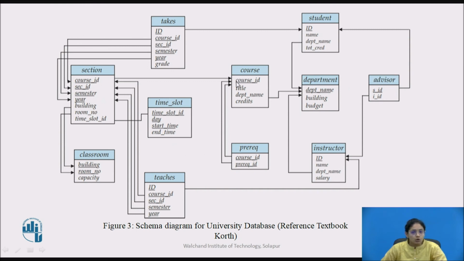You can see course ID is the primary key in the course table. It is also referred to in the section table, with an arrow pointing to the referred table. So foreign keys refer to the referenced table through the arrows, and primary keys are the underlined ones.